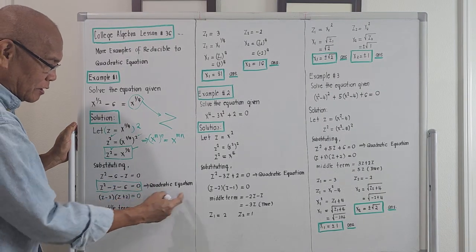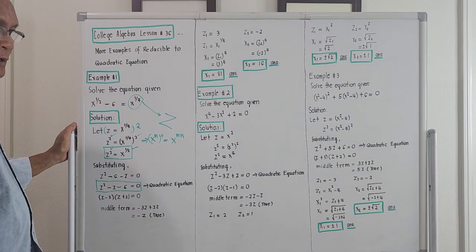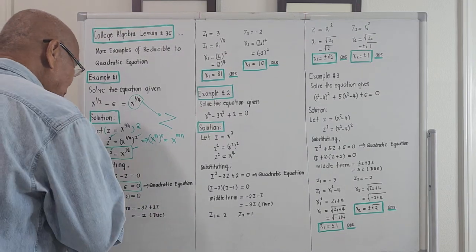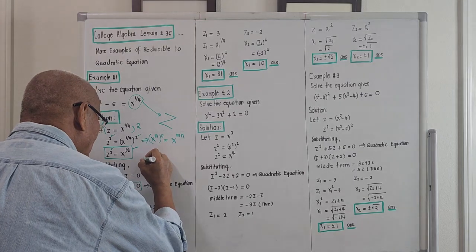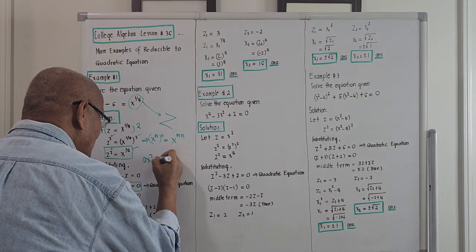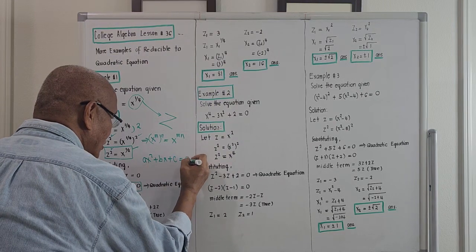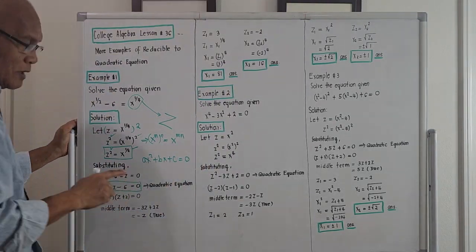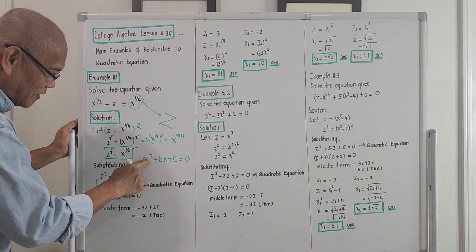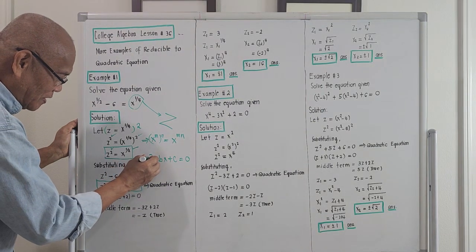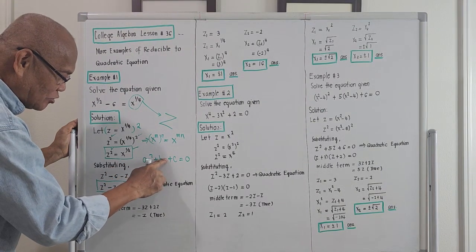This is now a quadratic equation. Okay? It is of the form ax squared plus bx plus c, and this should be equal to 0. For the meantime, the variable is not x, it is z. Okay? So this will be az squared, and this should be bz.